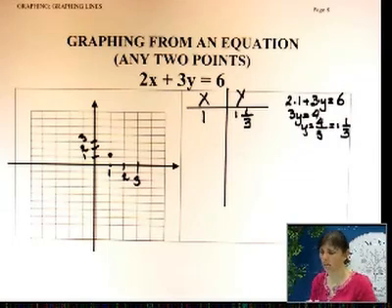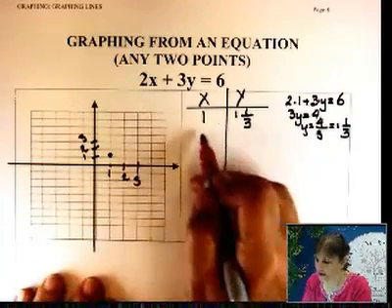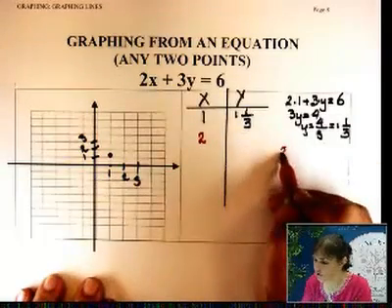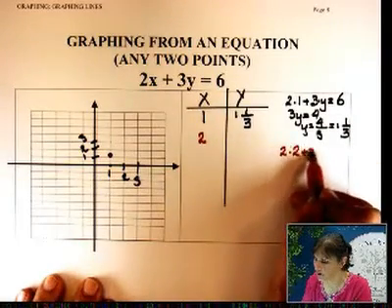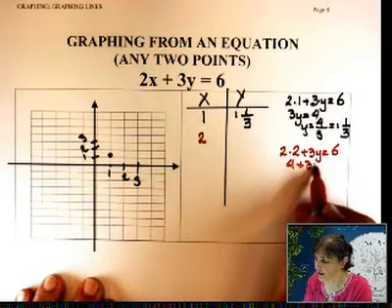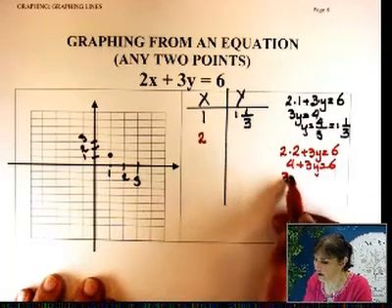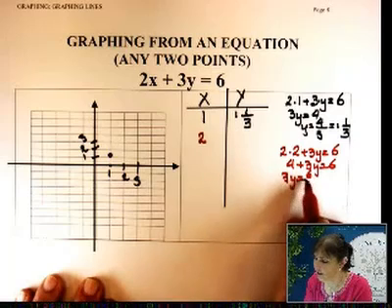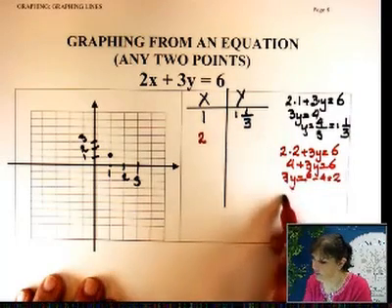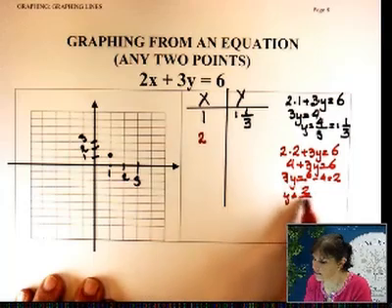Let's do the next point. I'll pick x of 2. Okay, let's plug it in. 2 times 2 plus 3y equals 6. This one gives me 4 plus 3y equals 6. 3y equals 6 minus 4, which is 2, and y equals 2/3.